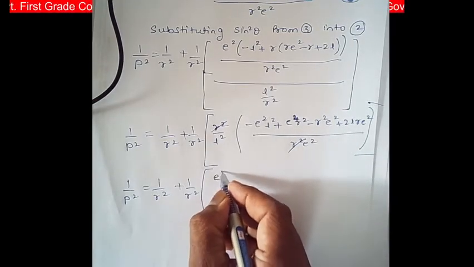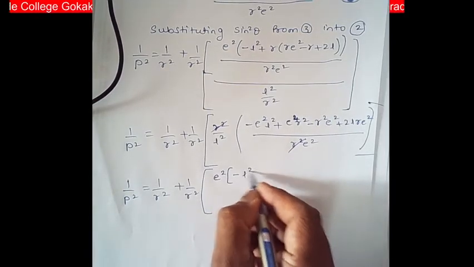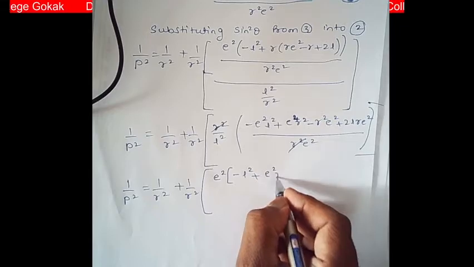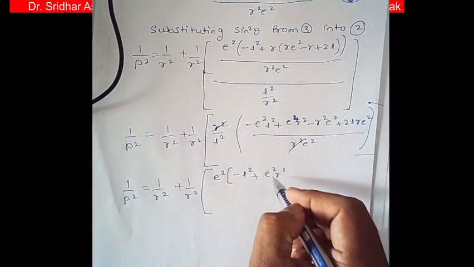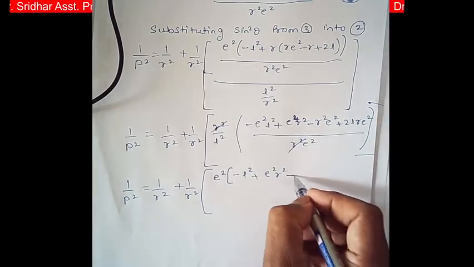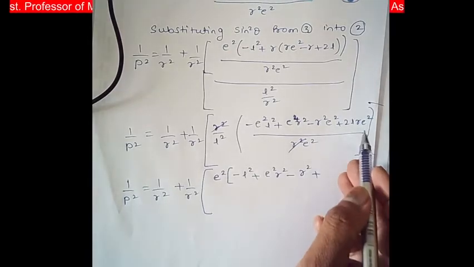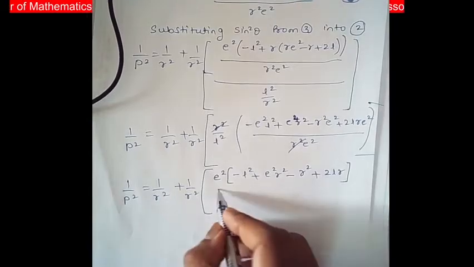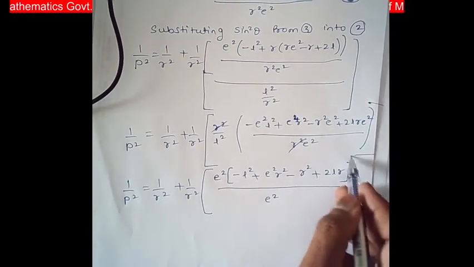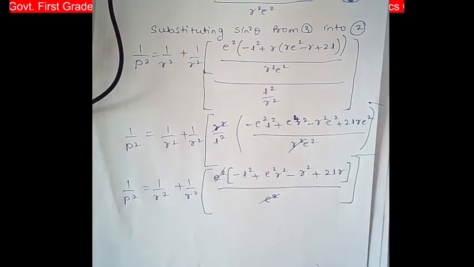In the bracket what is left is minus L square, then plus e square r square, then minus r square, then plus 2lr, whole divided by e square. Okay, so this e square gets cancelled.